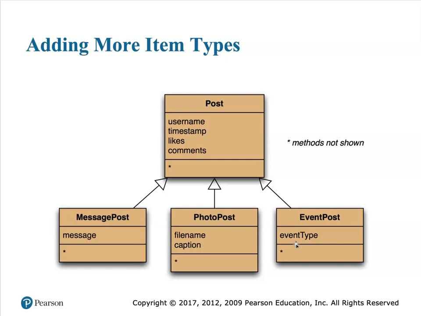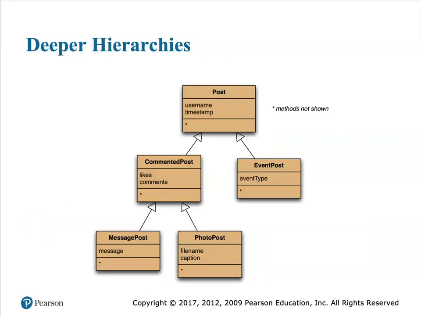And not everything has to be a subclass of post. In fact, we could change our hierarchy so that there are posts that allow comments and posts that don't allow comments. So in this case, we could strip the pieces of the comments out of the post class, and maybe we just want events to have a username and a timestamp, and you don't get to comment on events.